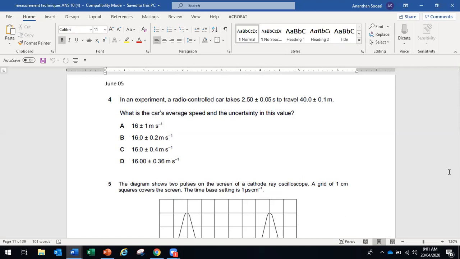What is the uncertainty formula for S? S equals D over T. Anyone? Changes of S over S equals to? Changes of D over D plus changes of T over T. Okay, so can anyone give me the answer?